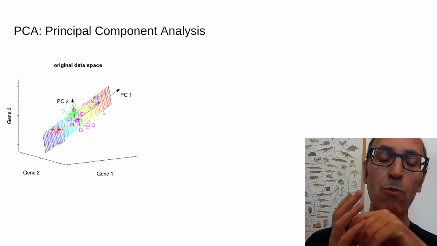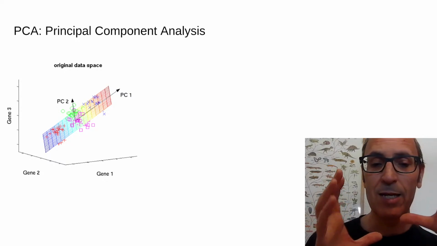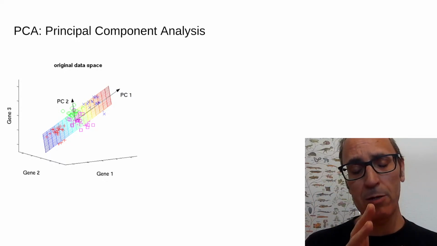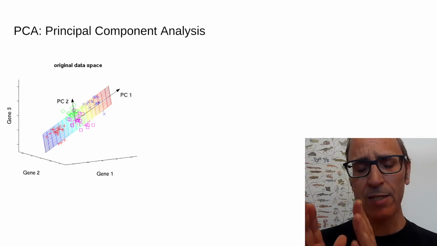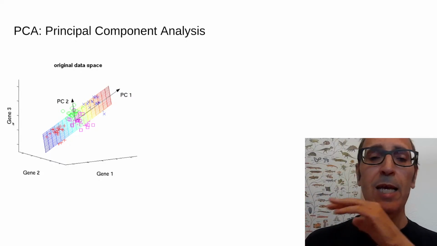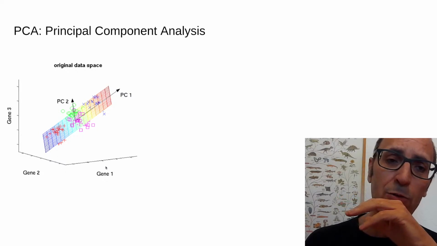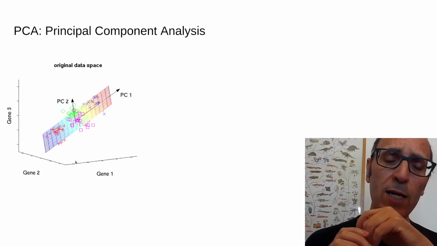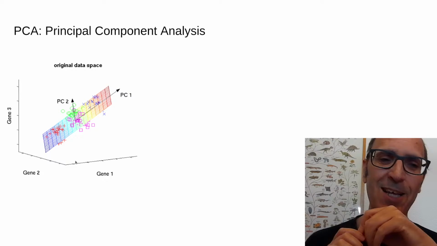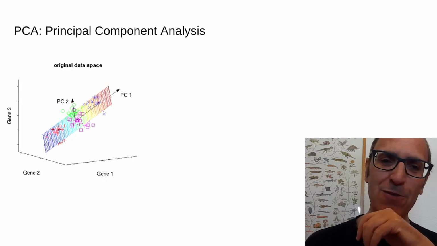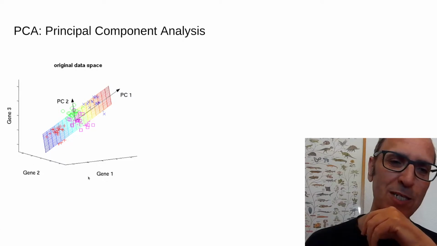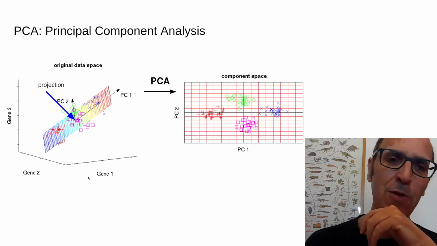And we will have spaces of 500,000 dimensions. What we want is to transform this space of 500,000 dimensions into a space of just 3 or 2 dimensions. In this case, we are going to transform the space of 3 dimensions into a space of 2 dimensions. Why? Because it's very difficult to represent a space of 500,000 dimensions. So we are going to show an example with 3 dimensions, but it will work exactly the same.